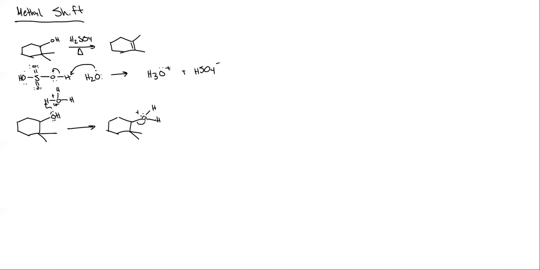And now this is going to leave. This is an E1 mechanism. And almost forgot to write that we get water. Sorry about that. We also get water. And so now this leaves. So we get a carbocation here, and we have our two methyls, and then we also get water.